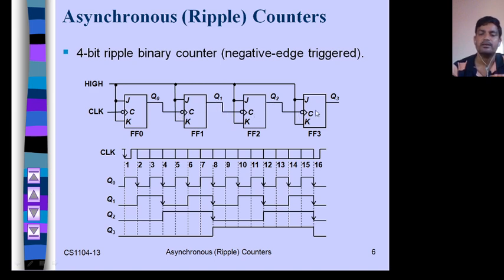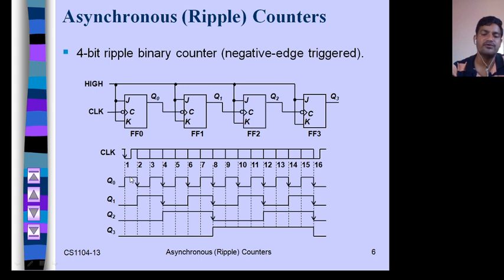Okay, now we will see the timing diagram. Now I am using negative edge triggering. So initially this flip flop value will be 0. Okay, this is 0, and after applying the first clock pulse, that is negative edge, it will be 1, means it will toggle. Why?